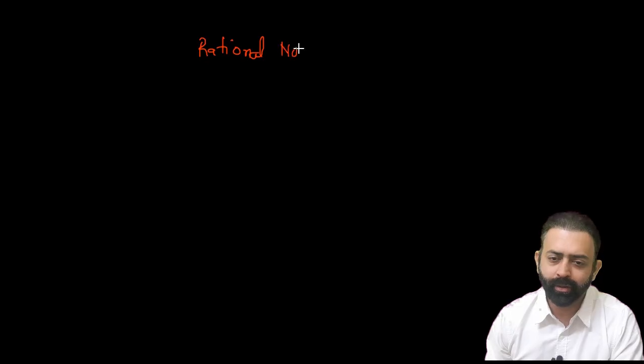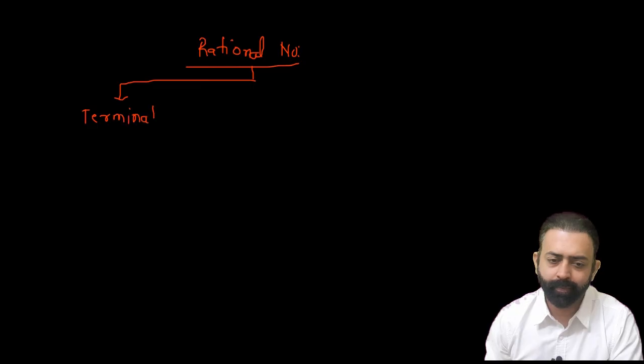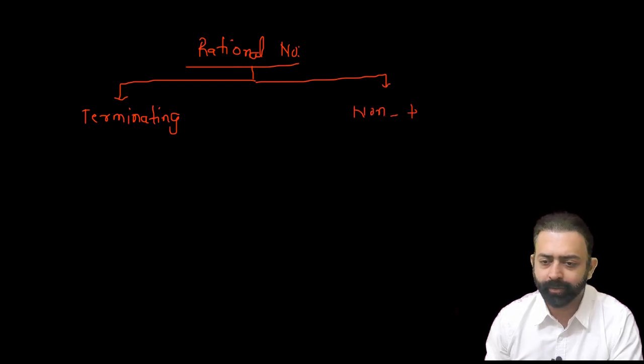Now as you can see on the screen, type 1 was terminating and second was non-terminating but recurring, or repeating.